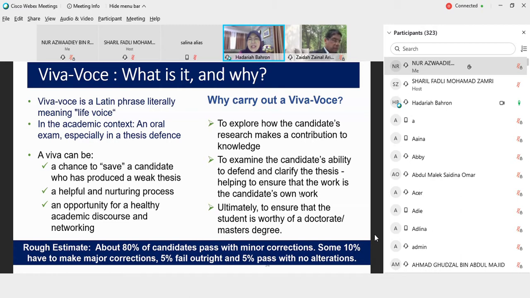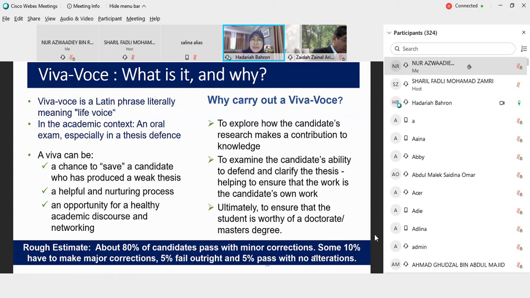The Viva-Voce is to ensure that what is presented is the person's own work, and ultimately to ensure that the student is worthy of a doctorate or a master's degree, is worthy of being called a doctor.